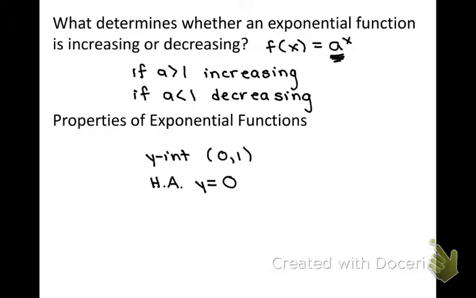We did these with our parent functions, and we're going to do them with exponential functions as well. So keep in mind that these general properties we're talking about right now will shift as my graphs start to shift as well. But these are good reference points to start out with for any basic exponential function.